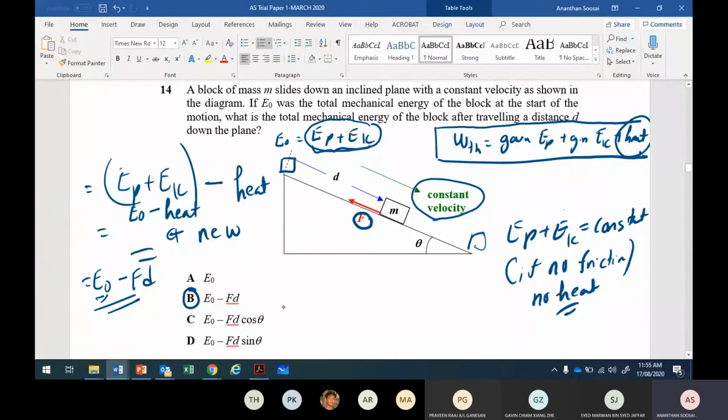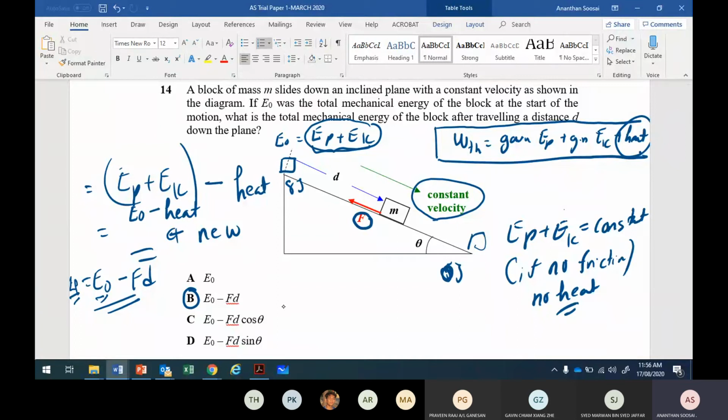Yeah, the final answer you're getting here is the drop in potential energy. The potential energy here, let's say originally 8 joule. When it comes down here, let's say the potential energy becomes 0 joule.